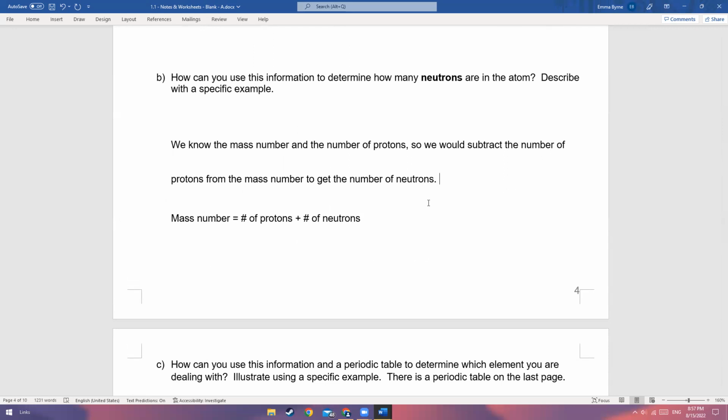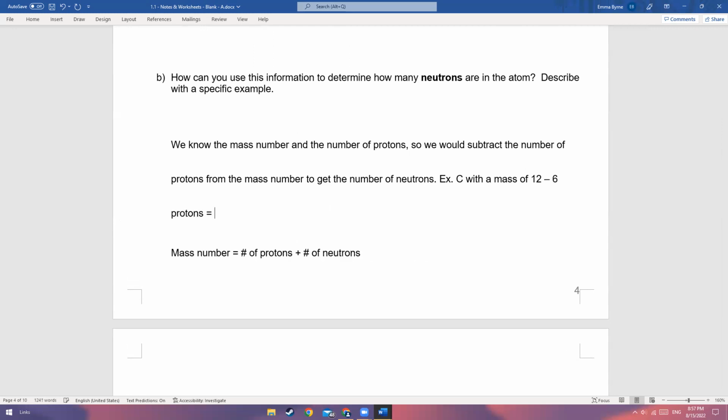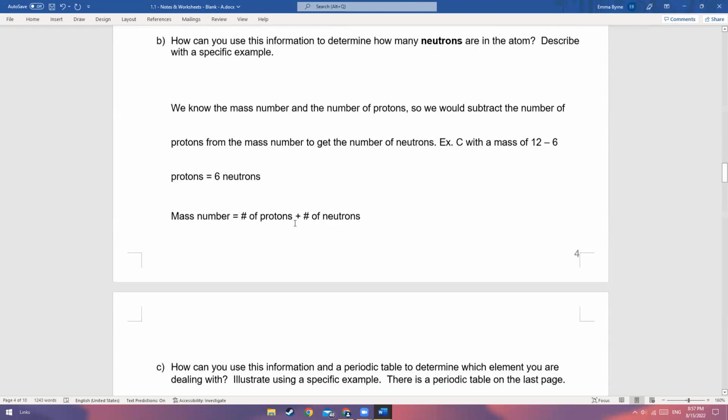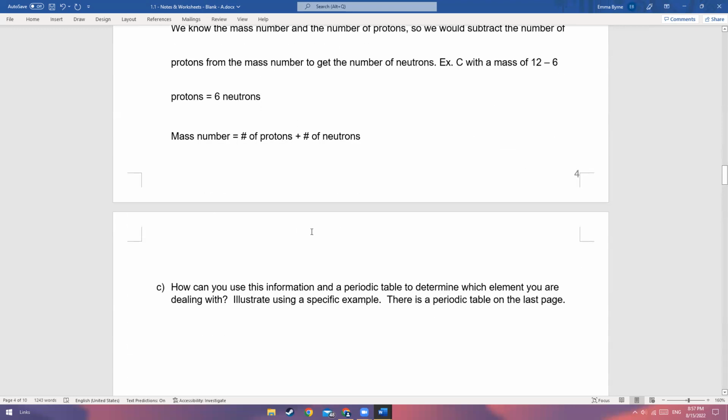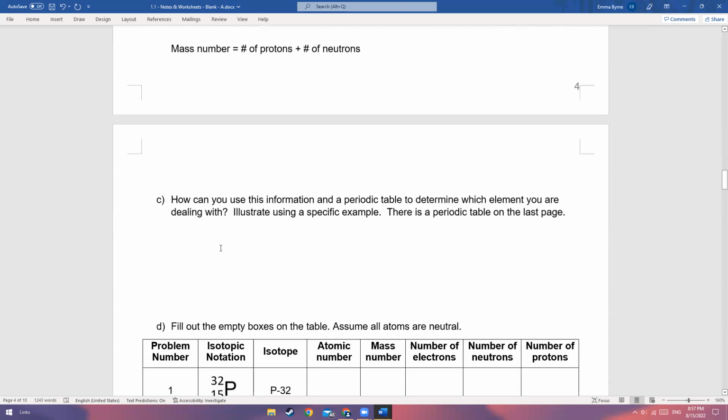And then a specific example here, carbon with a mass of 12 minus 6 protons equals 6 neutrons. Carbon's my favorite element to use in these examples because it's easy and most people are familiar with it. But feel free to get creative if you'd like.